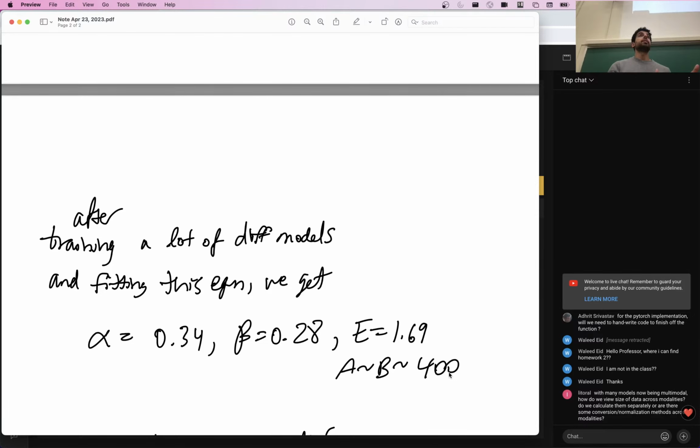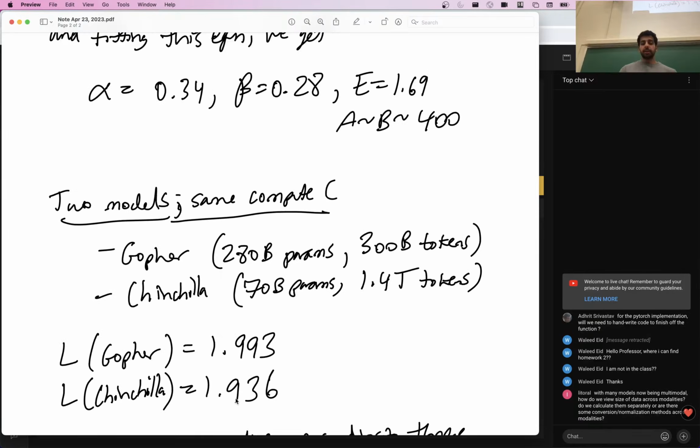The loss achieved by Chinchilla is 1.936. This may seem like a very small difference to you, but it's actually substantial in language model training. Even tiny differences in the loss can be very meaningful on downstream tasks and for emergent behavior and so on.